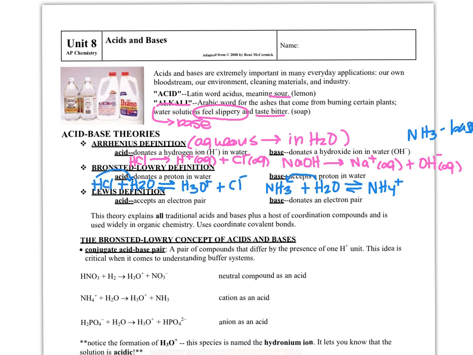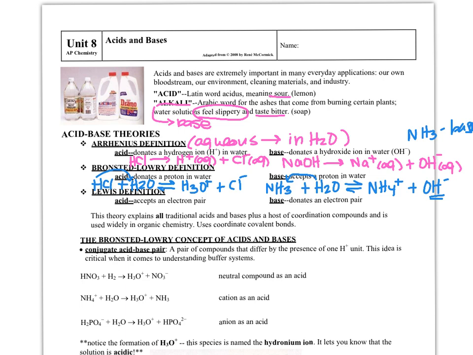The hydrogen is going to piggyback on top of that NH3, and that leaves behind hydroxide from the water. That's where those hydroxides are really coming from that contribute to it being a base. And then we've got that ammonium ion floating around.